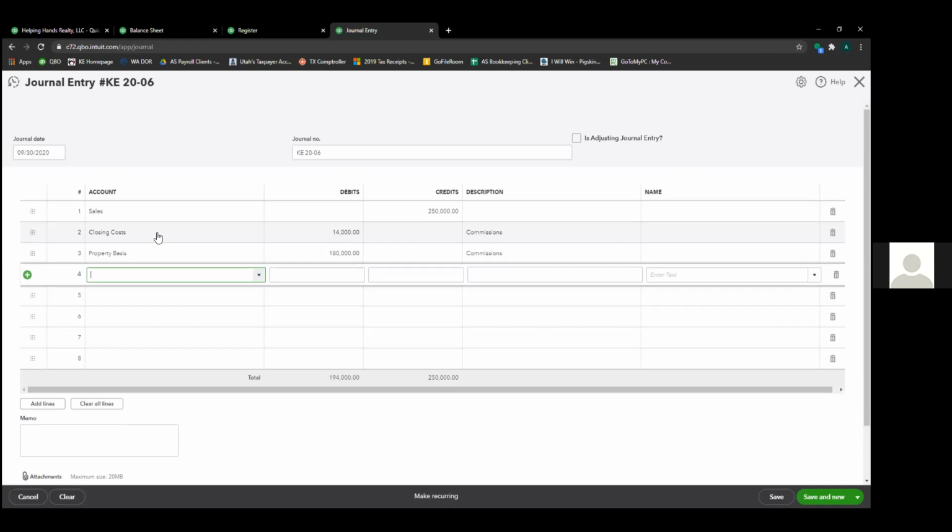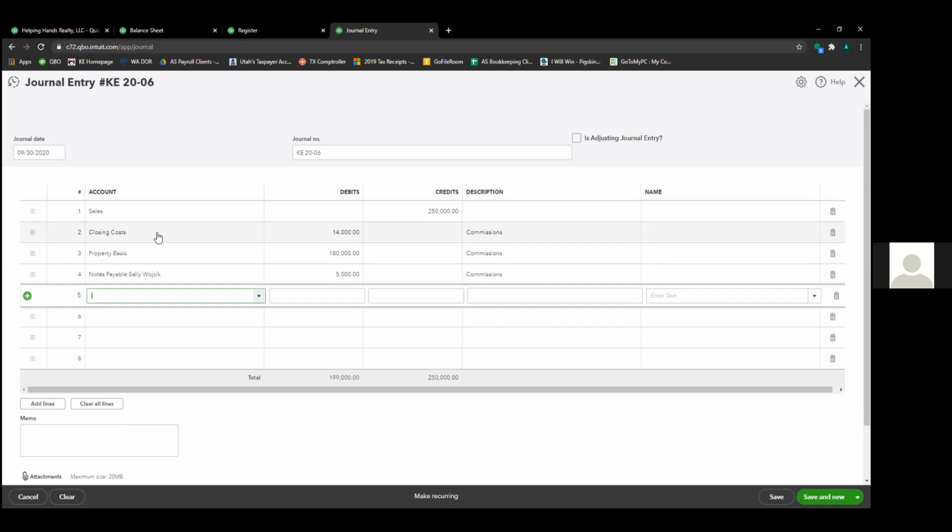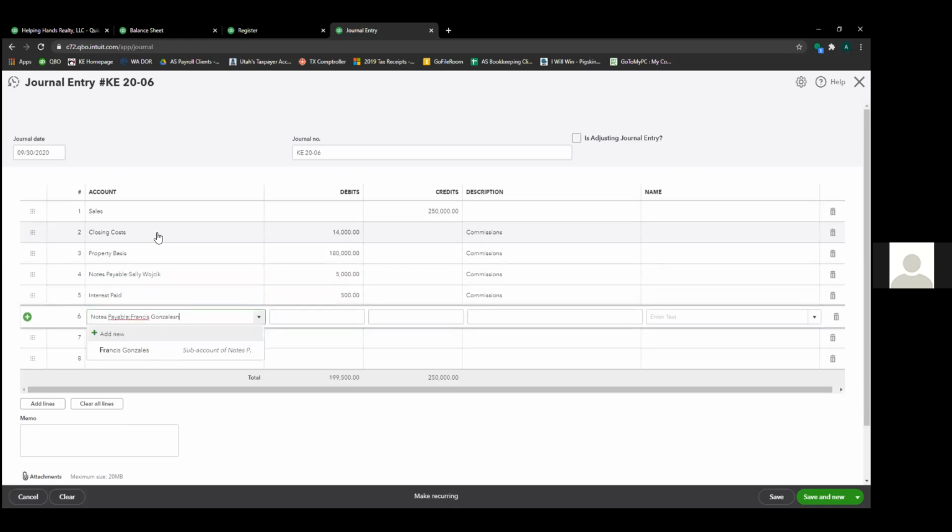And then let's say there's Second. Sally, so we're going to remove Sally's. She was 5,000. And what's the interest going to be for her, do you think? $500, I guess. And then we got Francisco. What's he doing here?